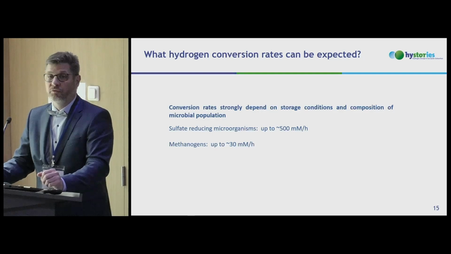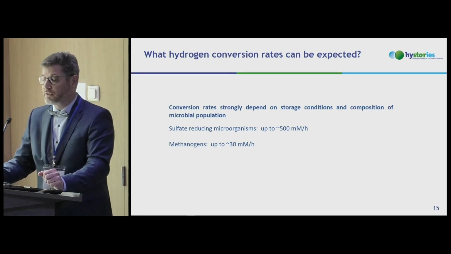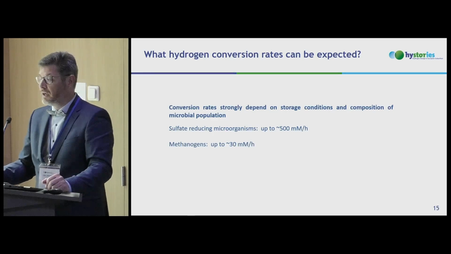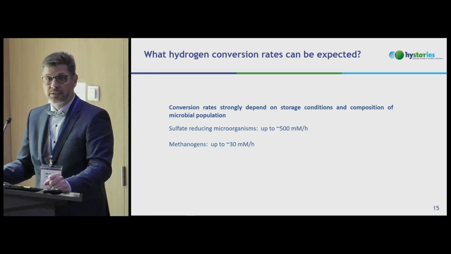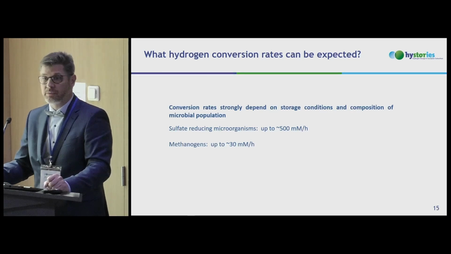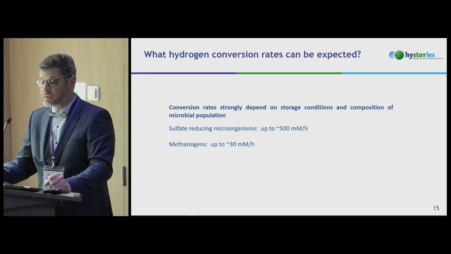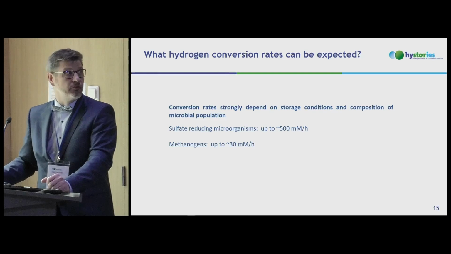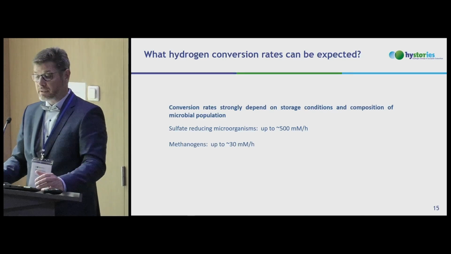That means that the conversion rates strongly depend on the respective storage condition and the composition of the microbial population. In addition, microbial populations in geologic structures do not occur as pure cultures. We must therefore anticipate different metabolic pathways simultaneously. Therefore, it's almost impossible to make generalized statements about the conversion rates from lab experiments.